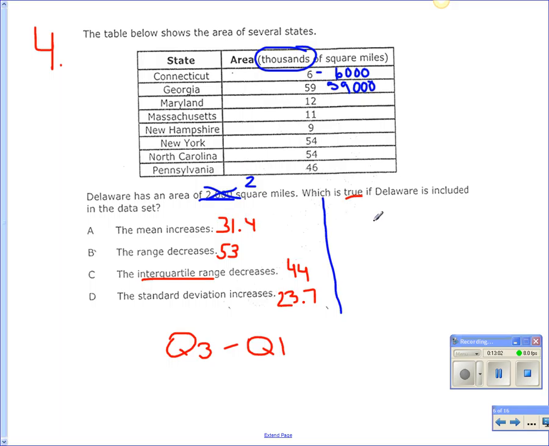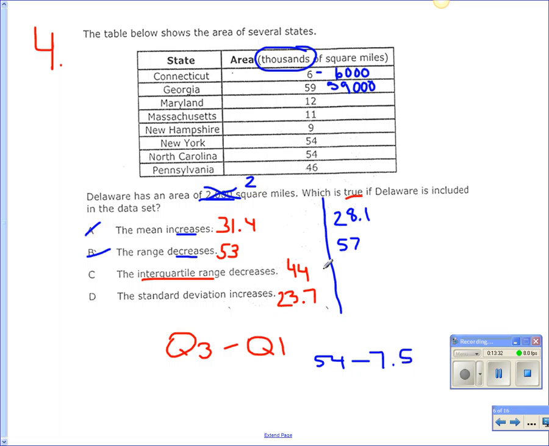All right, your new mean is 28.1. So did the mean increase? No. Okay. All right, the range, max minus min, 59 minus 2 is 57. So did it decrease? Nope. Interquartile range, Q3 minus Q1, so that's 54 minus 7.5.